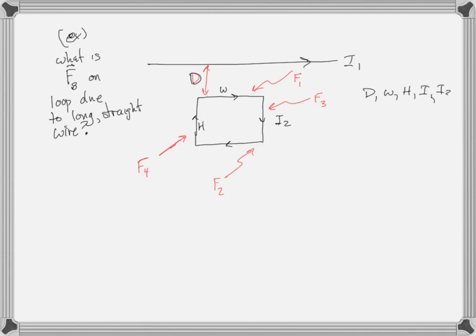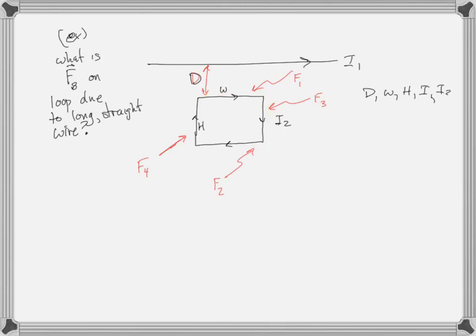Let's simplify our lives to start with and say that the force on this side of the loop is harder to calculate than the force on 1. Because force on 1 is two parallel wires, the magnetic field on 1 is constant everywhere, whereas the magnetic field on what we call side 3 varies.